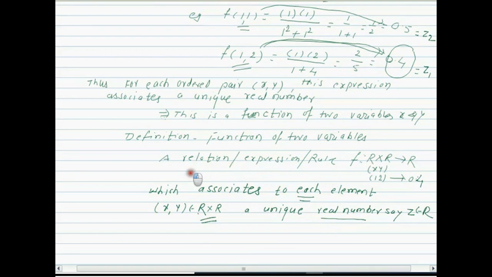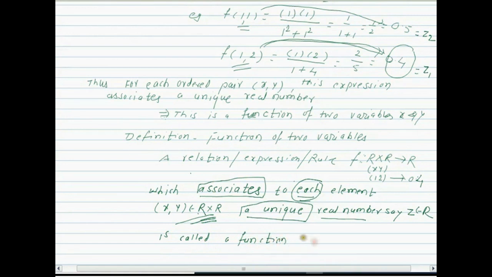This relation associates to each element of R cross R a unique real number. So this, to each element assigning a unique real number, is called a function of two variables.